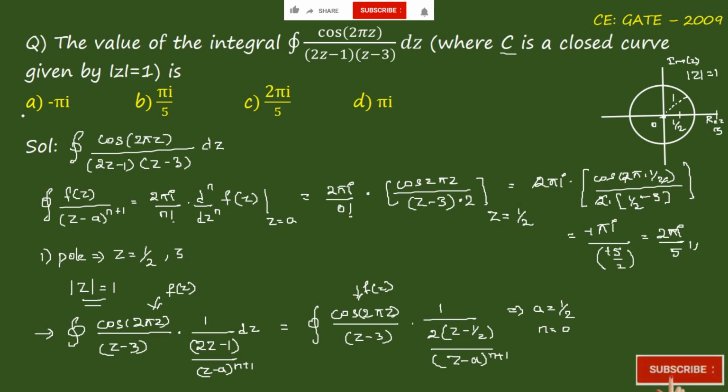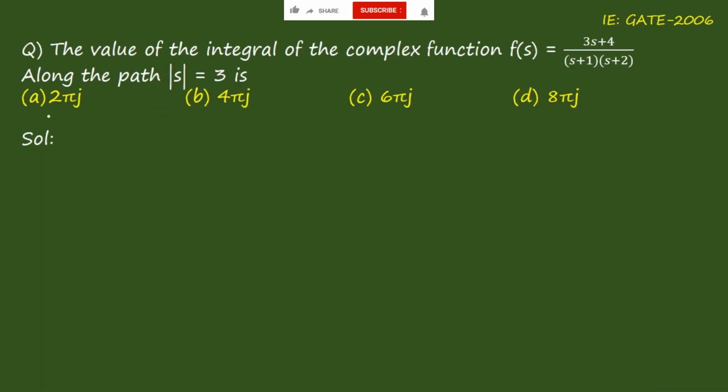So integral of closed curve cos 2 pi z by 2z minus 1 z minus 3 using Cauchy integral formula is 2 pi I by 5. Answer is C. Now come to the next question. The question is the value of integral of a complex function f of s equal to 3s plus 4 by s plus 1 into s plus 2 along the plane mod s is equal to 3.